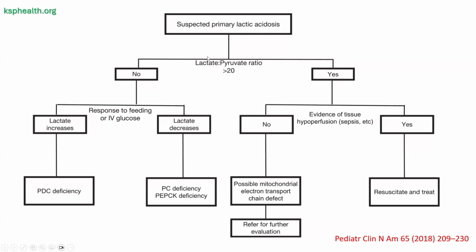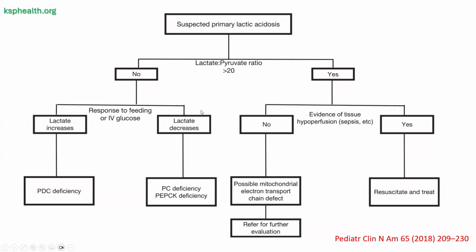If there is no predominant lactate, then look at the response to feeding or IV glucose. When the lactate increases, think of pyruvate dehydrogenase complex deficiency. Even though it looks very uncommon, I do have a pyruvate dehydrogenase complex deficiency child I am seeing here; prior to that, I had never seen one.